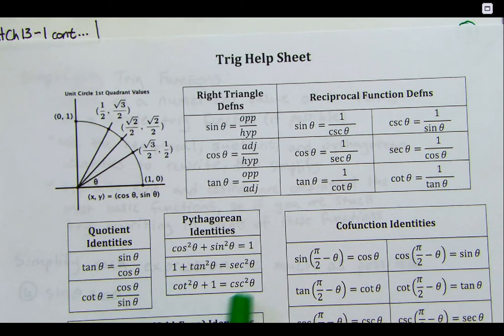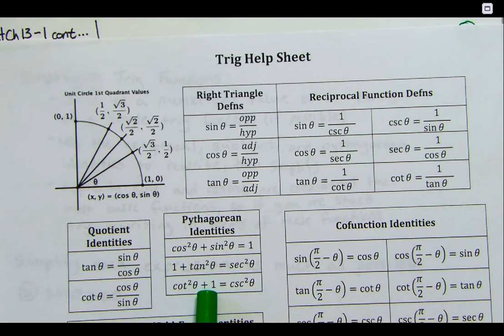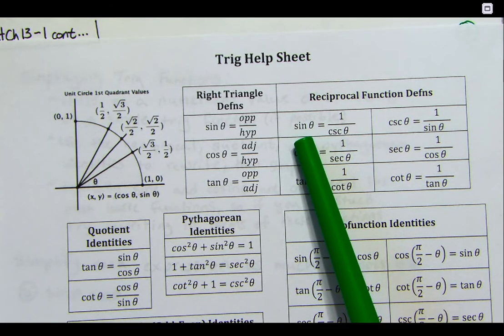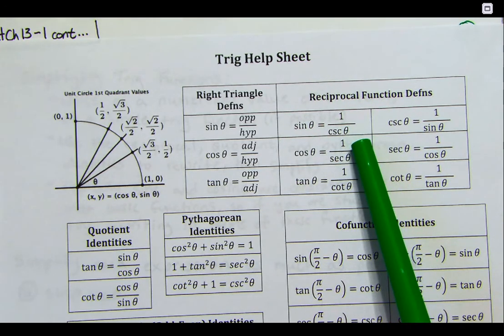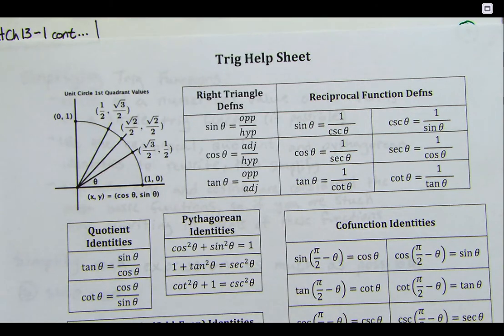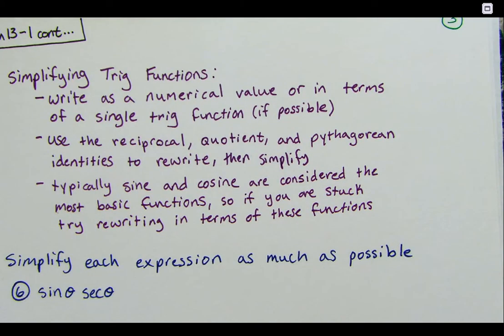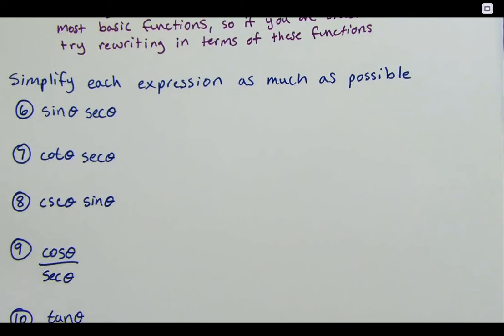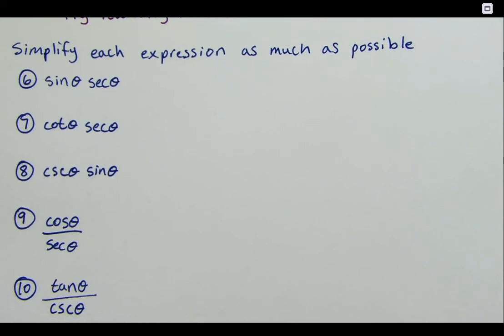The only time we should be working with these is if we have the squareds somewhere in our steps. And remember too that sine squared is equal to 1 over the cosecant squared. So we just assume that these powers would be the same when we're rewriting. So I'm just going to start working through a bunch of practice. We're going to start off easy and then move to some more complicated ones.